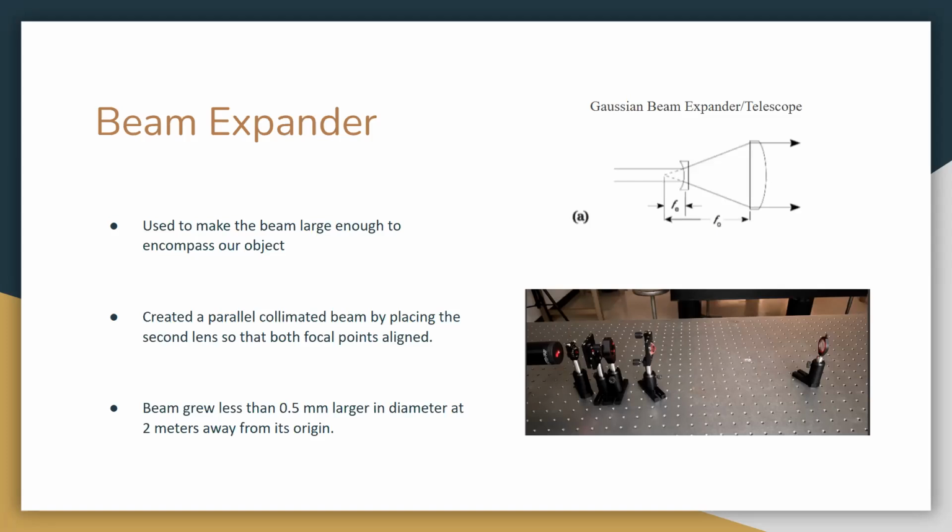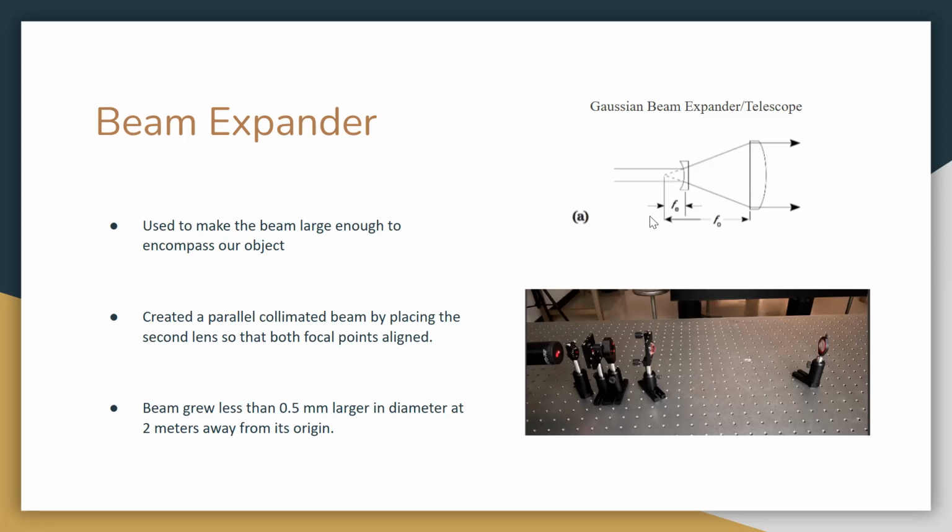Next, the beam passes through a Gaussian beam expander, seen here. Really, this is just two lenses, and they're aligned so that both focal points are in the same spot.